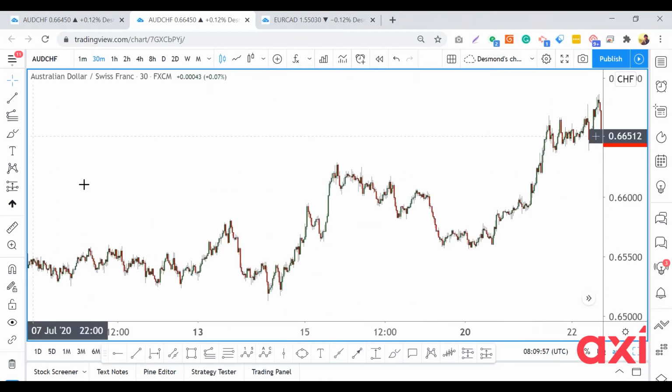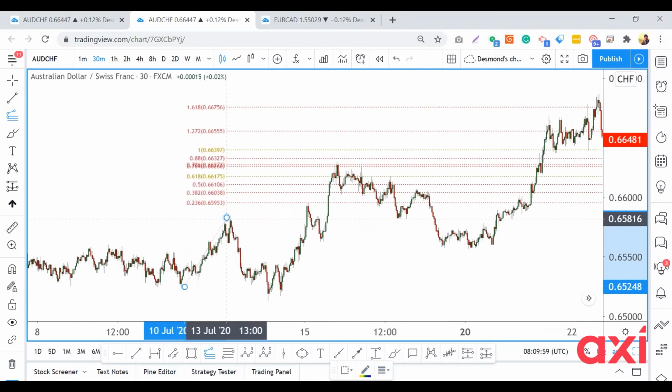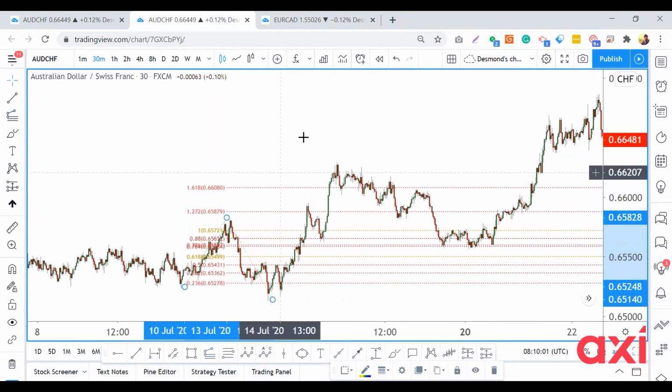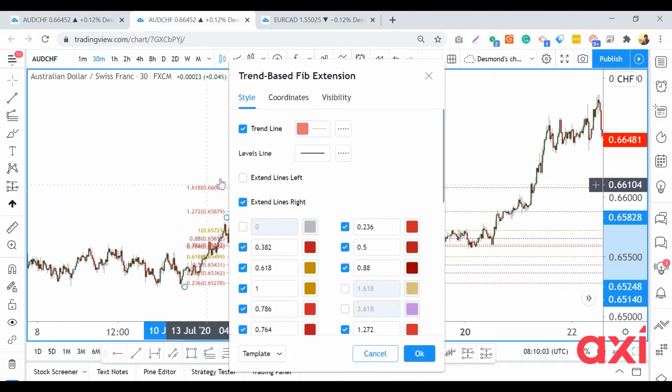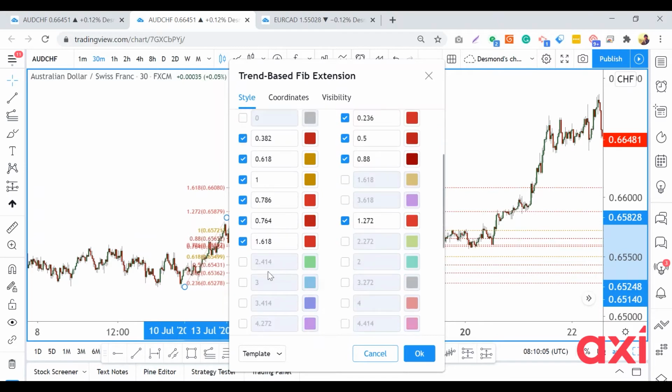For example, let's do a Fibonacci extension from here. If it's from here to here to here, you're projecting it far away. If you have a Fibonacci extension that goes up to 161.8, we got 2.618 even.